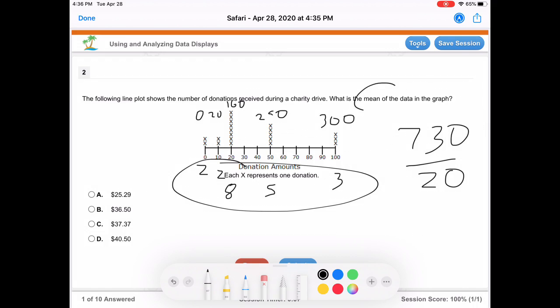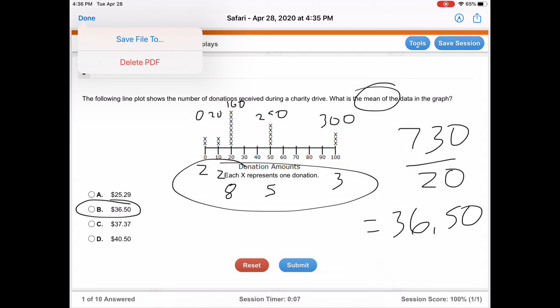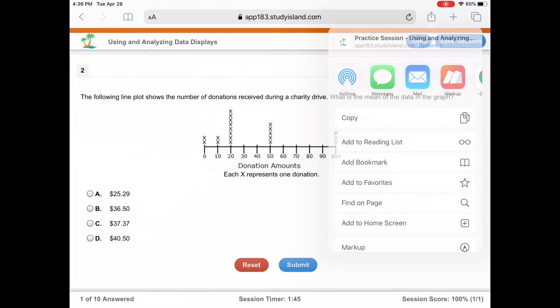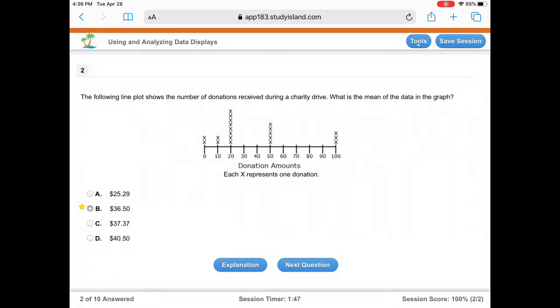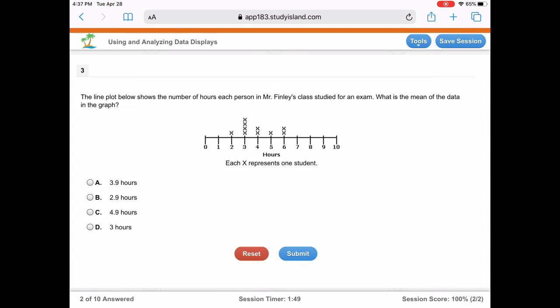So to find the mean, we take the total amount divided by however many there are, and that equals 36.5. So the answer here is going to be B. Great. Another line plot and another one with the mean.